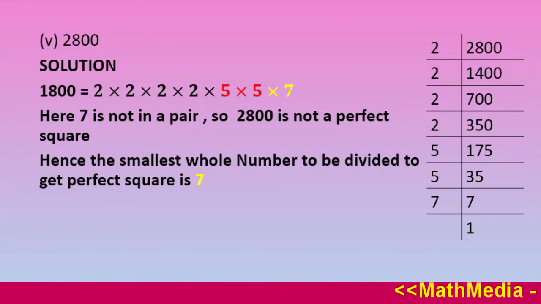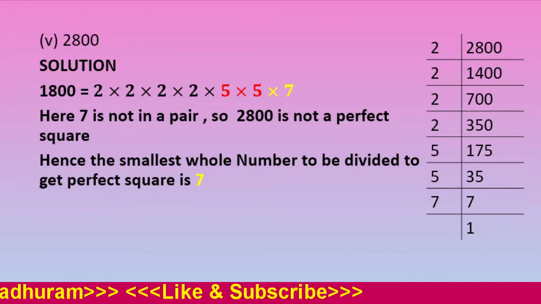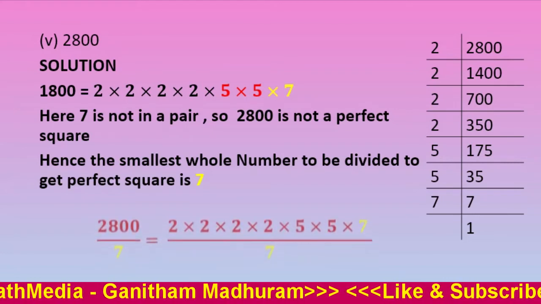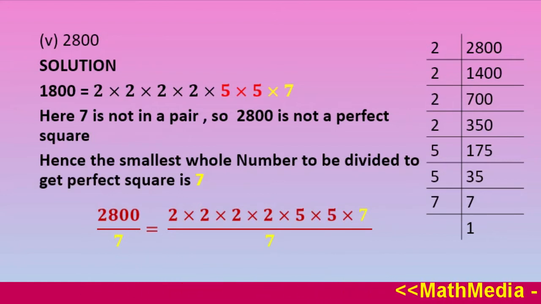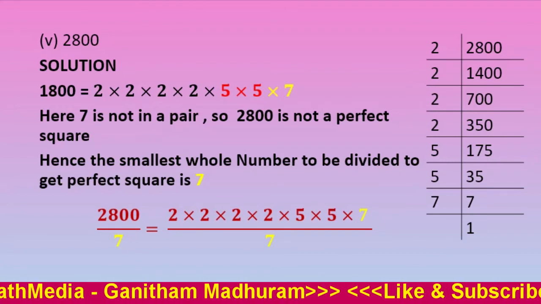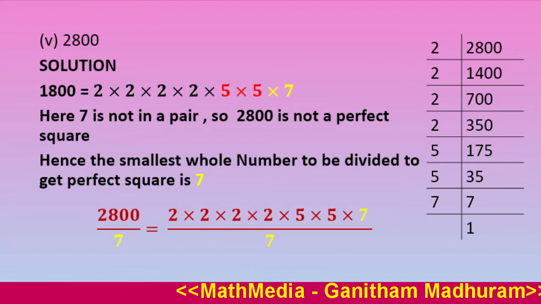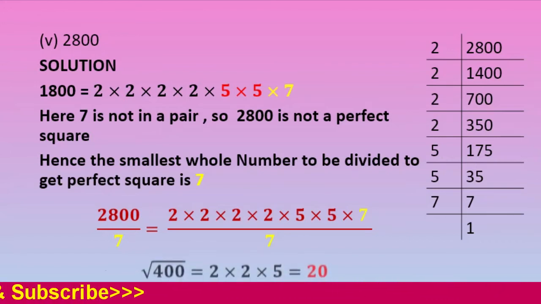What is the next step? Yes, we have to divide by 7 on both RHS and LHS. We have divided here by 7. On the RHS, the 7s in the numerator and denominator will be cancelled. On the LHS also, we divided 2800 by 7, we get the answer 400.